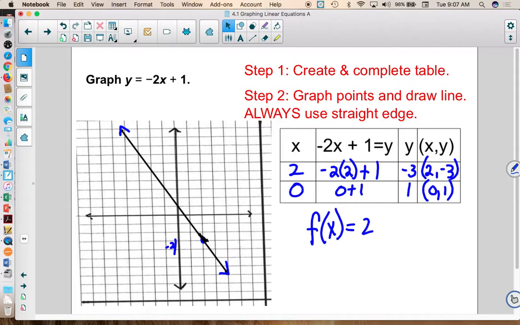If you look on your line, is 0, 1 a part of your line? Is 2, -3 gonna be a part of the line that you have drawn? You have not drawn a line, so you can't tell, but you can see it.